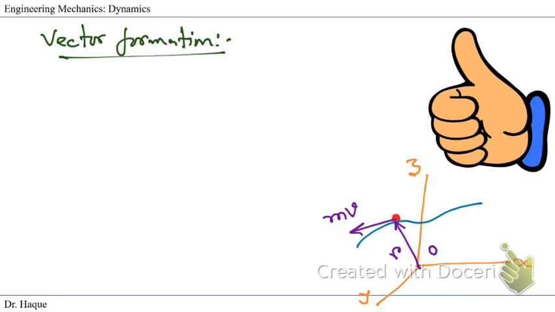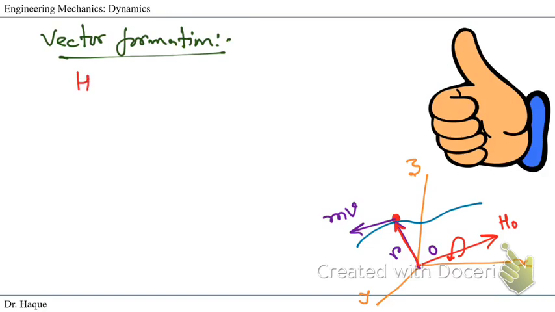So if it's traveling in the mv direction, and you have the position r, the direction of the angular momentum would be perpendicular according to your right hand rule. So it will be this direction, and the angular momentum would be HO.